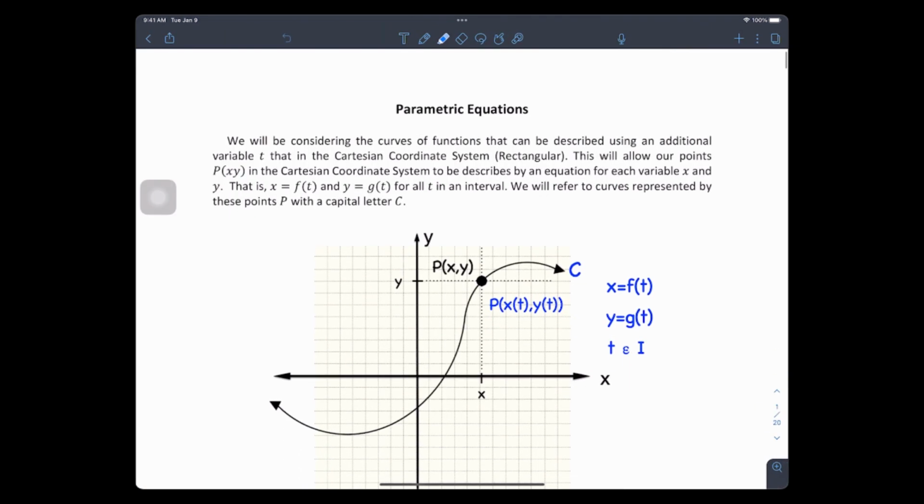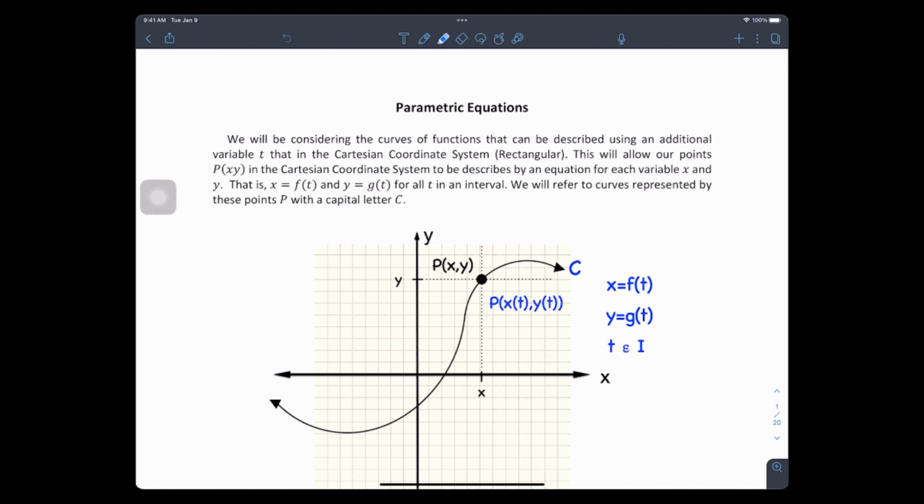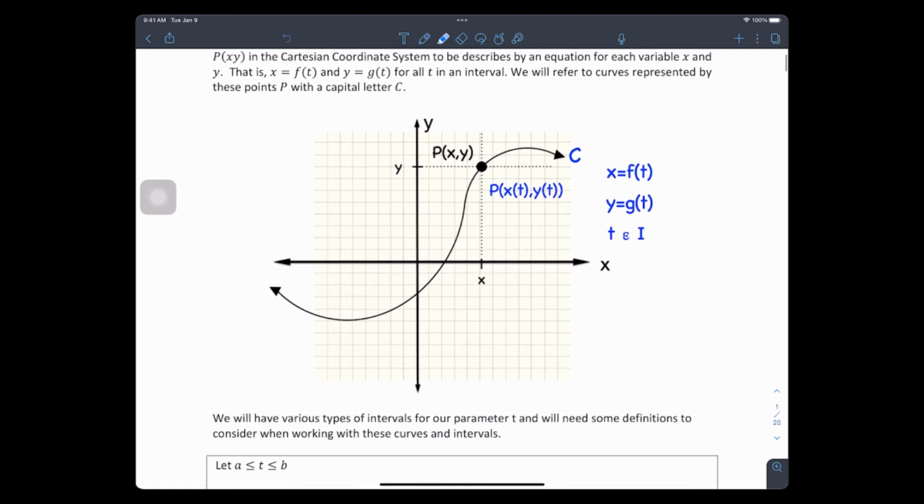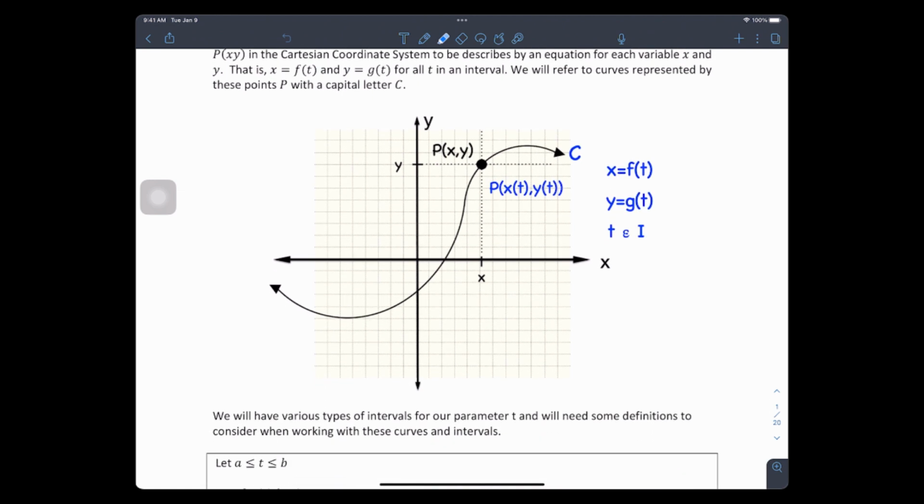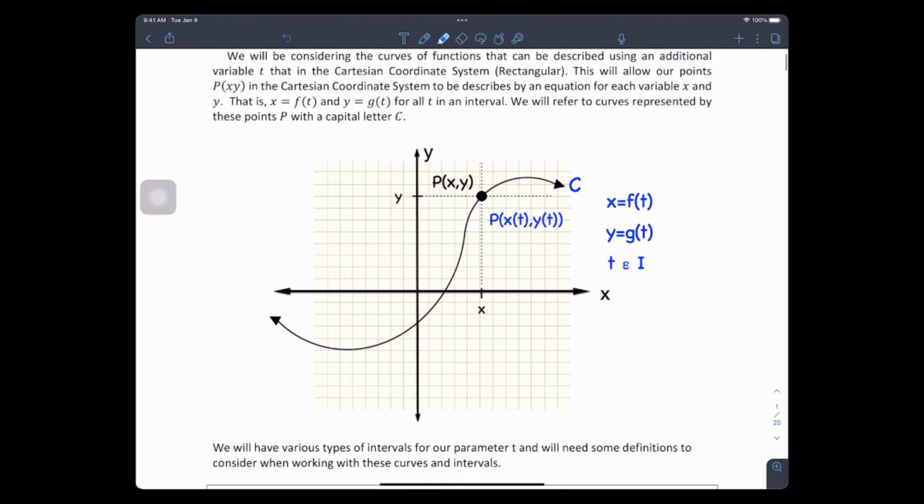So I think I want to look at this first before we look at the trig versions of parametric equations. Have you ever seen that before? I'm just curious. See, here's the deal. Here's what's starting to happen. What you're looking at is what's called the Cartesian coordinate system, the XY plane. That's the regular plane you guys see in algebra.